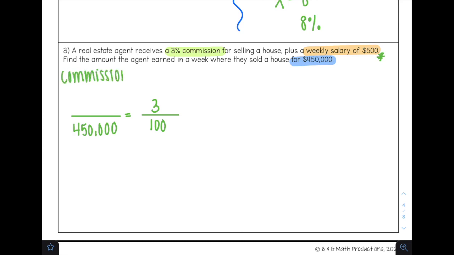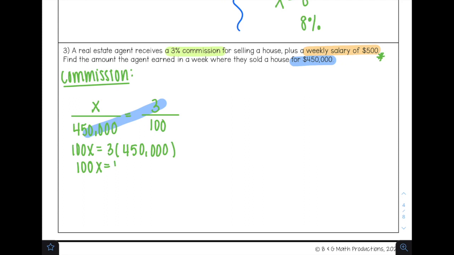I would just do it one way, your percent proportion or your equation. So we have cross multiplication: 100x equals 3 times 450,000.